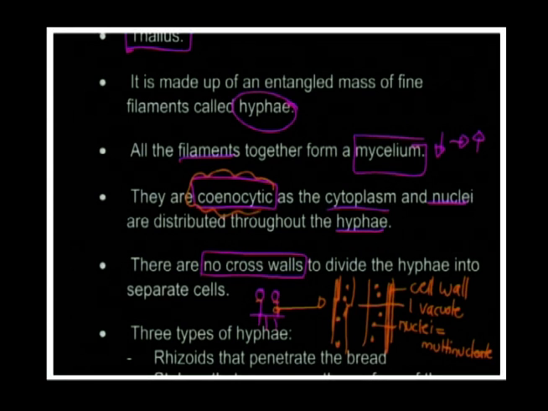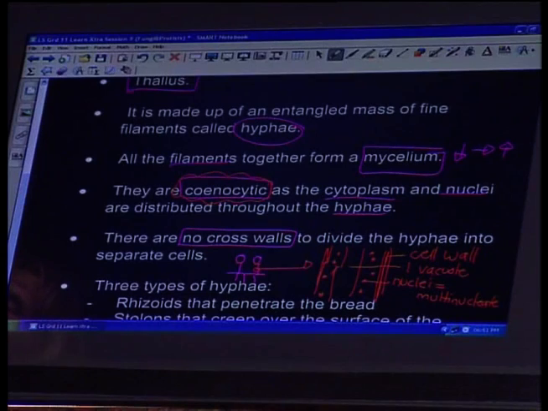Why? Many nuclei makes you multicellular, no cross walls makes you unicellular. And that's why this term, cenocytic, is a special word for fungi and means that they're both multi and unicellular. Learn that word, it's an important terminology word.